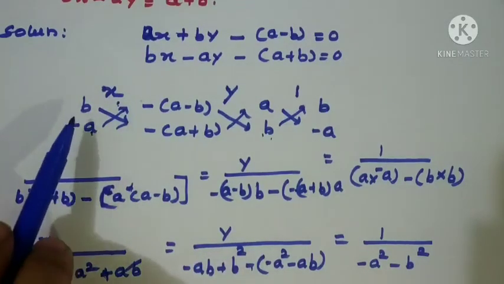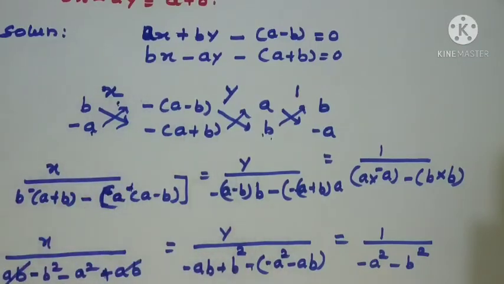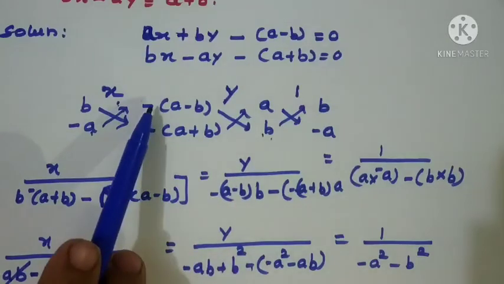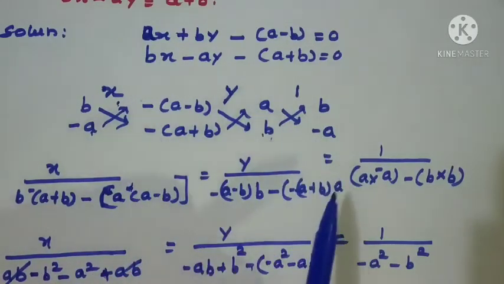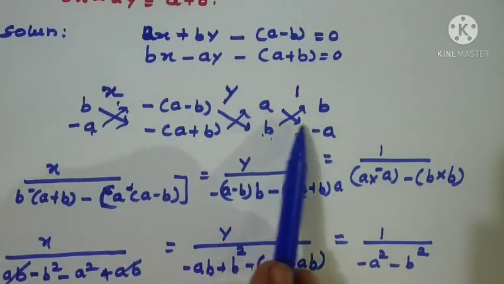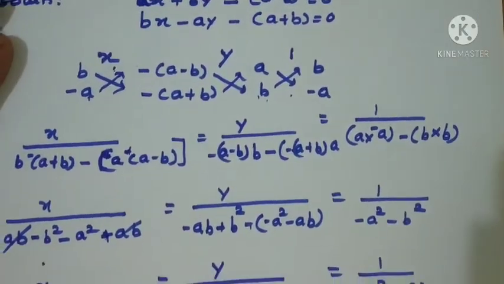x divided by b into minus of a plus b minus a into minus of a minus b equal to y divided by, the same rule, minus a minus b into b minus of a plus b into a. Again 1 divided by a into minus a minus b into b. After the simplification, what are the terms that get cancelled?